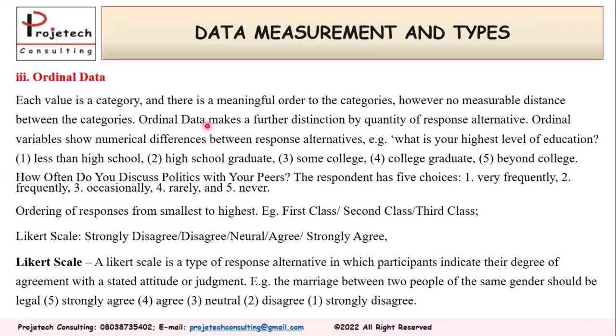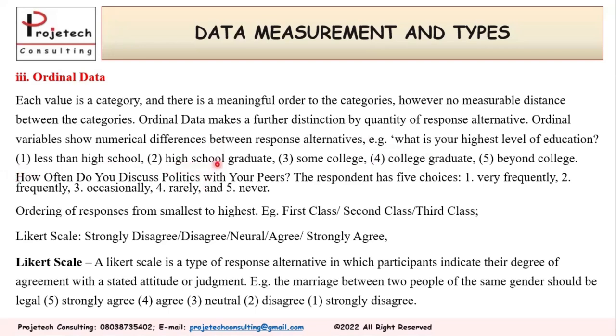The ordinal data, there is a meaningful order in the categories. However, no meaningful distance between the categories. Ordinal data make a further distinction by quantity of response alternative. What it means is that there is inherent order in the categorization. Now, the example I have here, I say, what is your highest level of education? Now, you see the number one is less than high school.